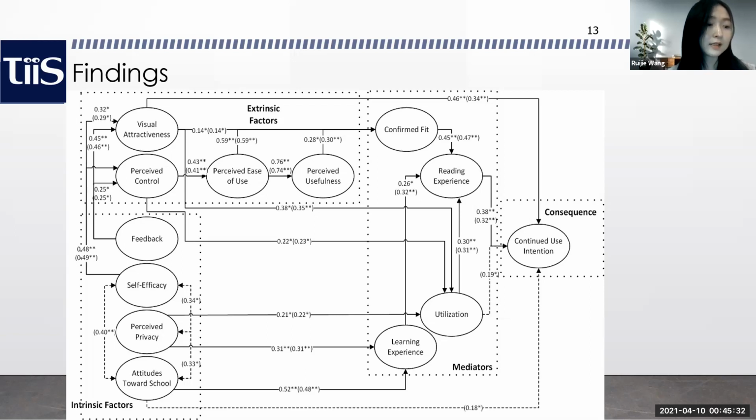Consistently, we found that extrinsic and intrinsic motivational factors work together on continued use intention, and mediators mediate the effects of the two groups of factors. Among them, visual attractiveness and reading experience have a direct and strong effect on continued use intention.